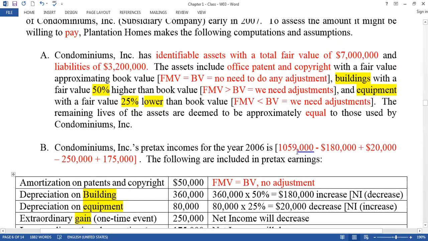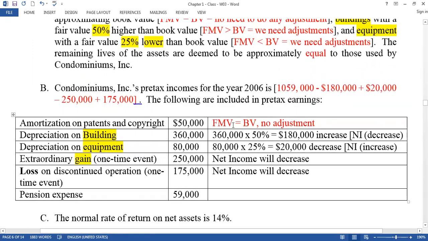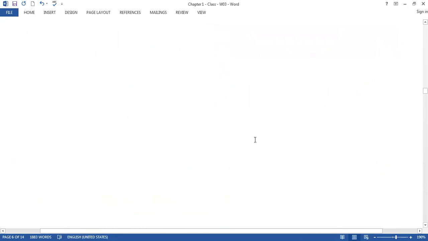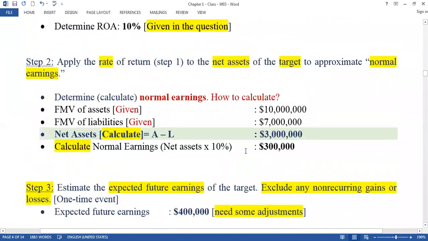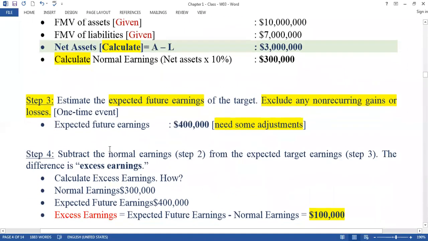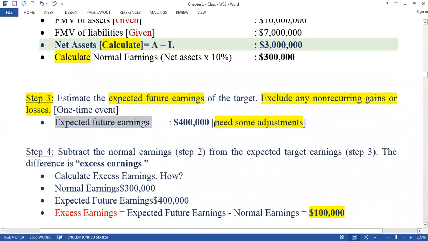So I just explained the question. I haven't shown you the solution. I told you that when we calculate the expected future earnings, we need some adjustments, right?